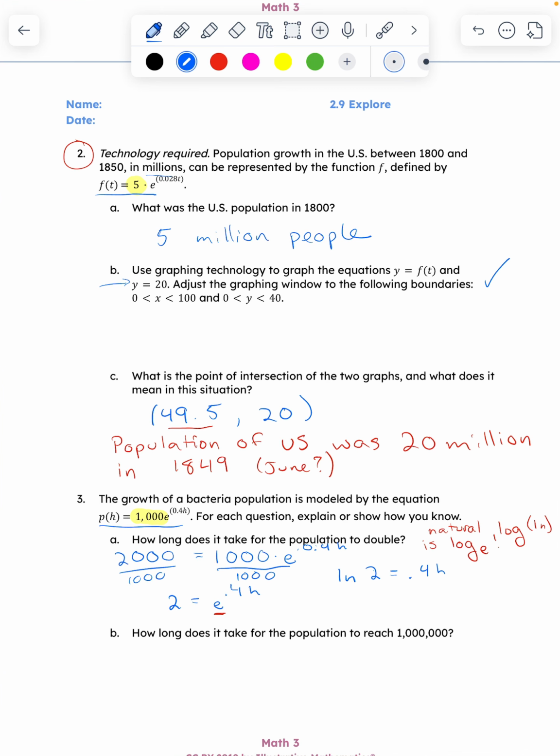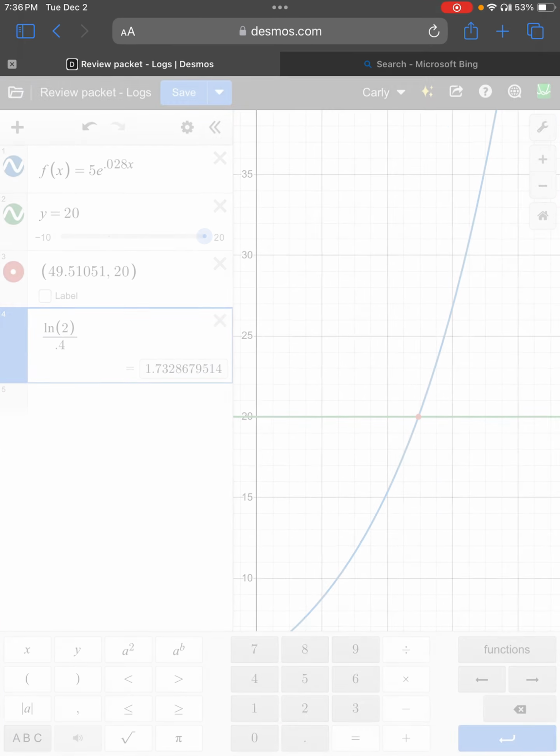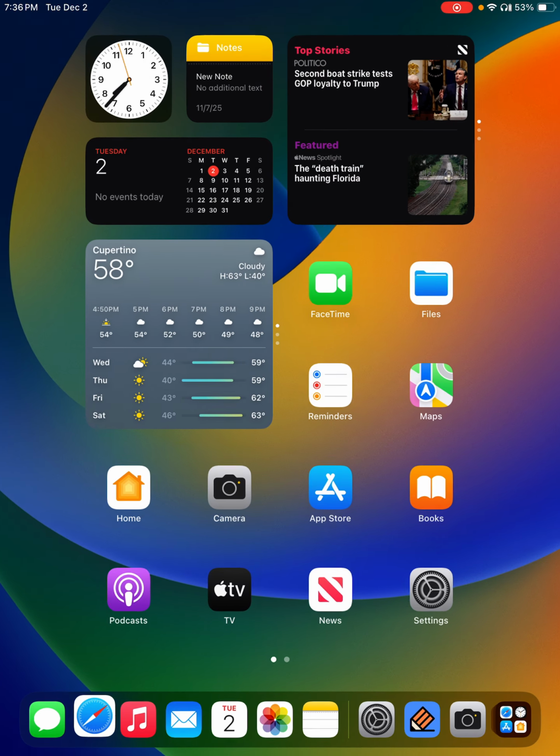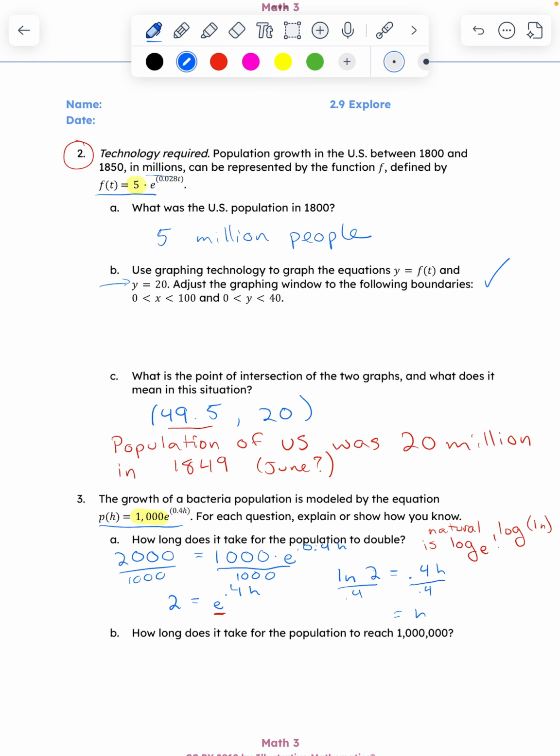Okay, so that ln of 2 divided by 0.4 comes out to about 1.7328, or about an hour 45 minutes.